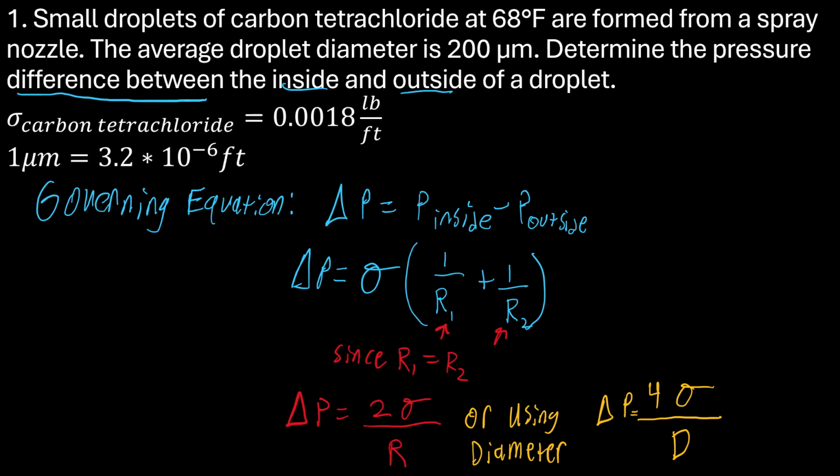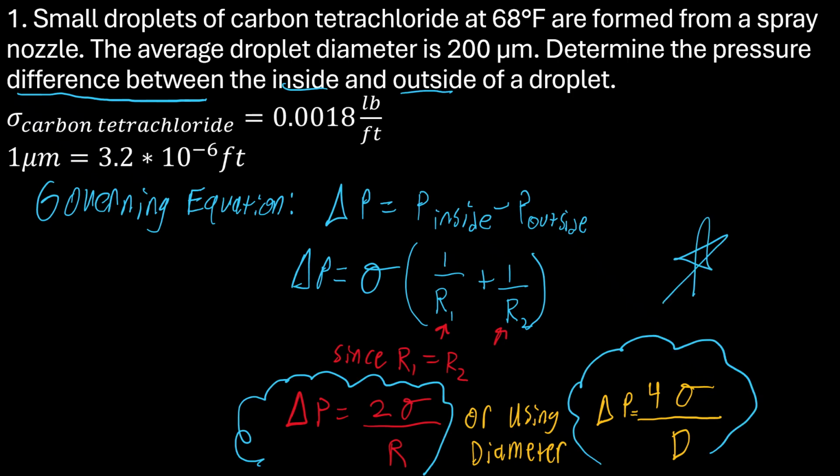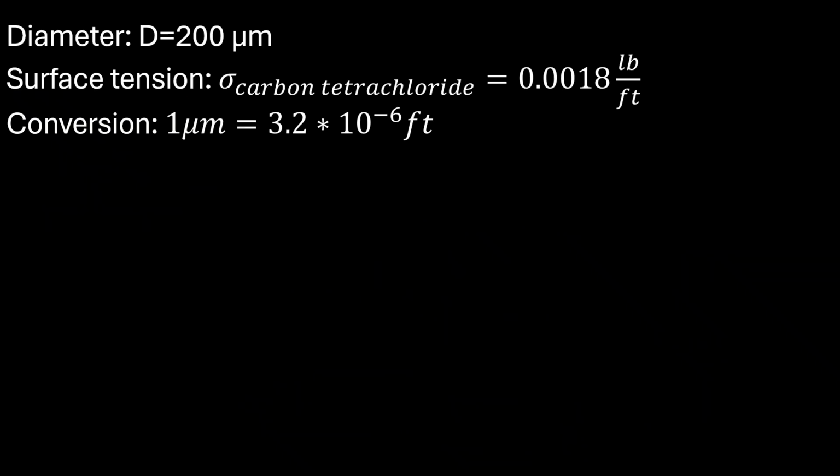So now it's 4 sigma instead of 2 sigma. These are two pretty important equations, so I went ahead and highlighted them just so that it's pretty easy to identify. Next from the problem, I like to remove all the fluff and just keep what we really need.